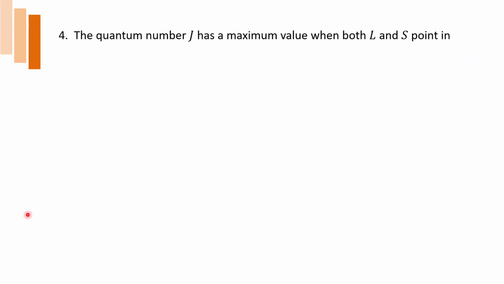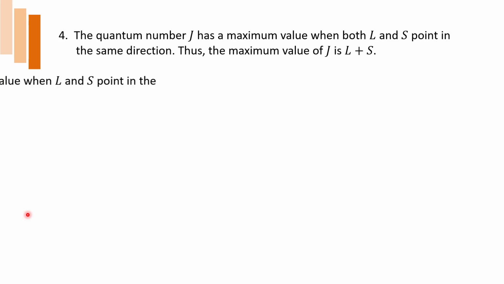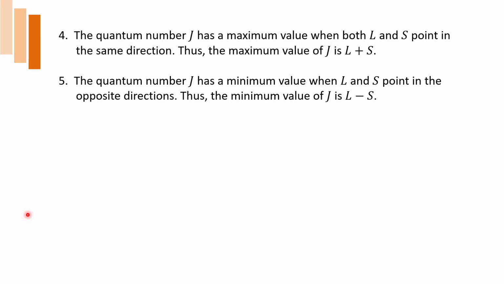Continuing, the quantum number J has a maximum value when both L and S point in the same direction. The net result would obviously be maximum when the orbital angular momentum and the spin angular momentum point in the same direction. If they are in opposite directions, it goes without saying that they would contribute least.